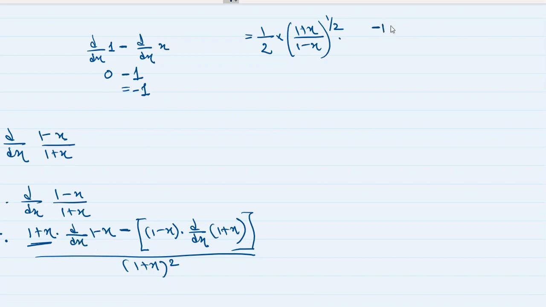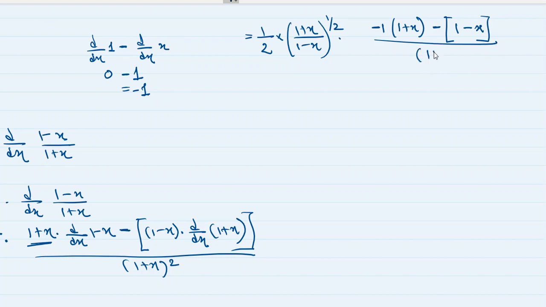So minus 1 multiplied with 1 plus x, 1 plus x minus bracket 1 minus x multiplied with d by dx of 1 plus x, which is nothing but 1 minus x. Nothing will change here, the whole upon 1 plus x the whole square.